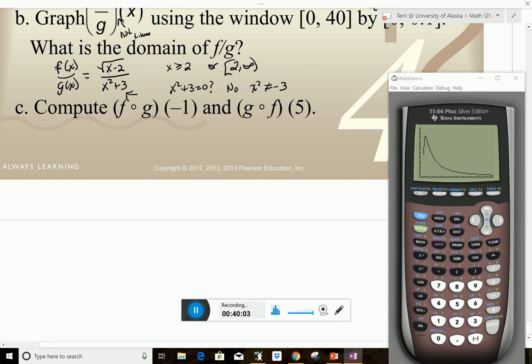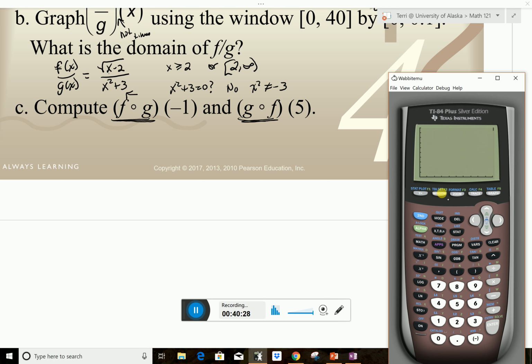And another thing that this allows me to do is I can also look at f of g and g of f. In fact, I can graph them. And the way I would graph them would be like this. So instead of that, I would just go y1 parenthesis y2. Watch this.